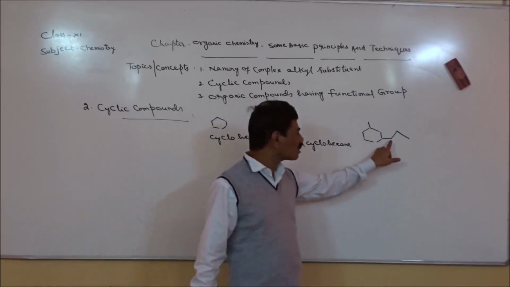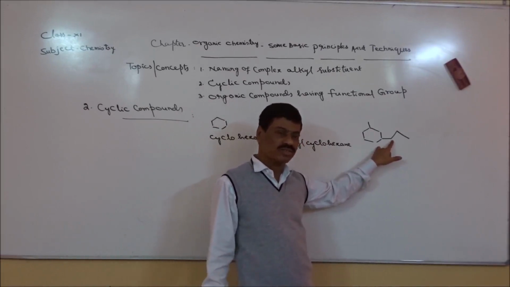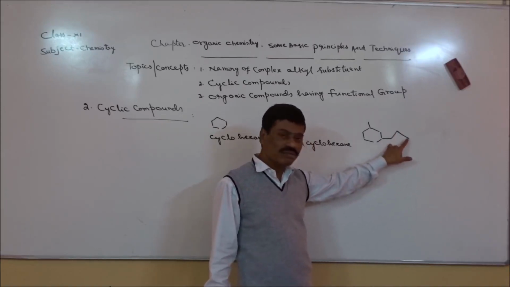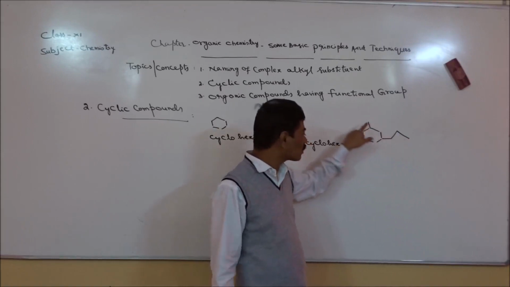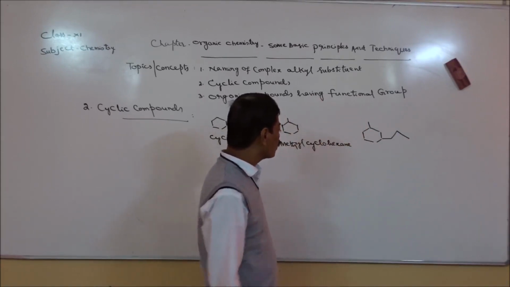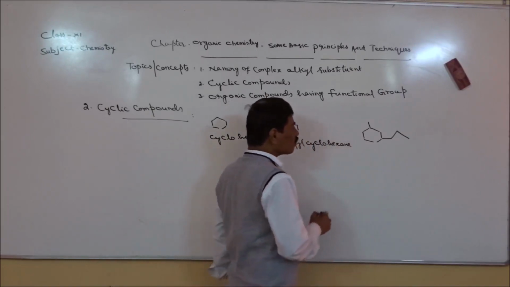Now let us see another compound. This is called a junction, where the two bonds are joining. Wherever two bonds are joining, that shows one carbon and two hydrogen atoms. Like that we have two junctions, and this is a terminal. Terminal has one carbon and three hydrogen atoms. Right? Now, since we have two substituents, position should be mentioned.